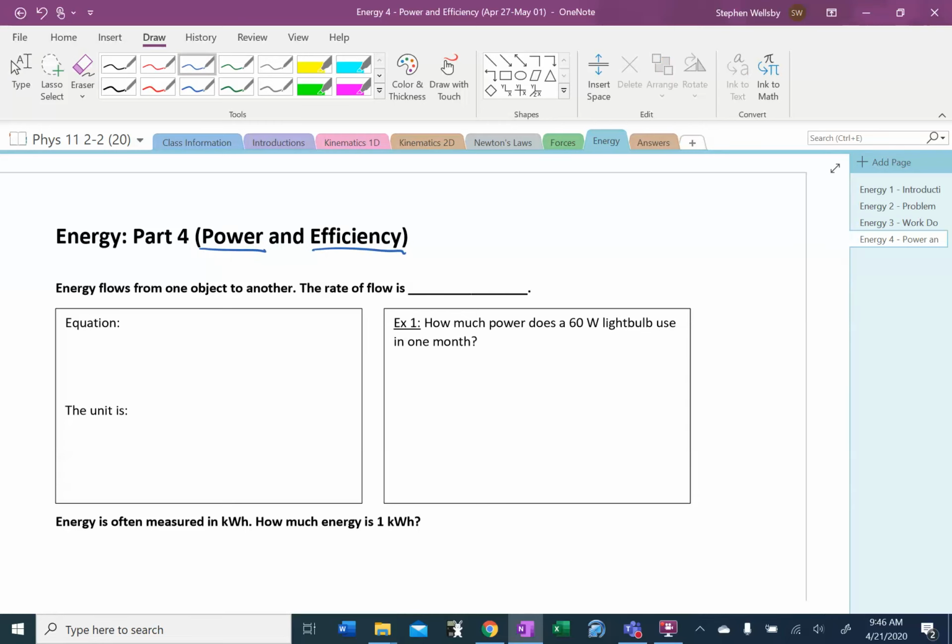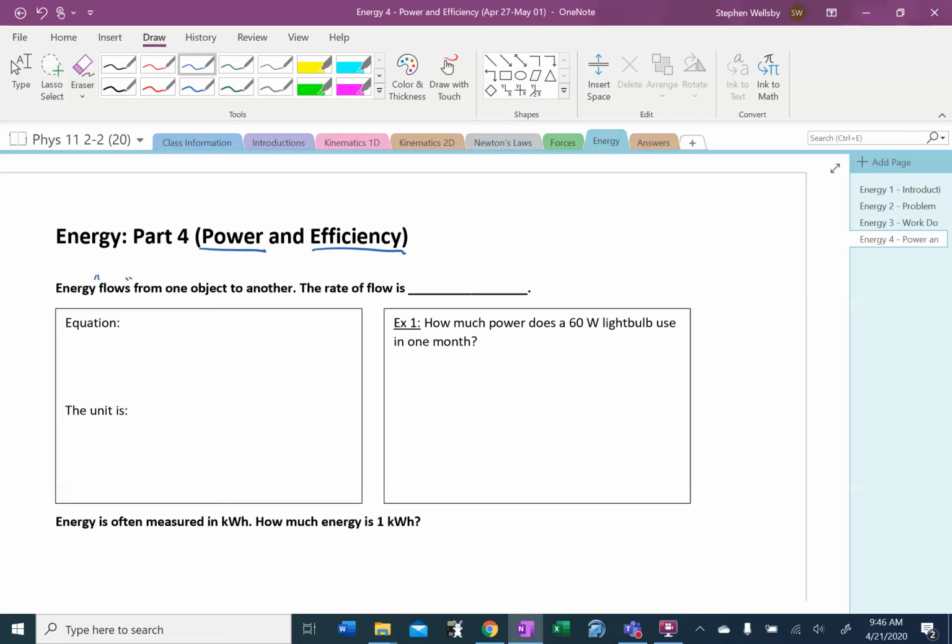So the first thing we're going to talk about is something called power. Now, energy flows from one object to another. So, for example, if I am pushing a ball upwards, the chemical energy that was stored in my muscles, that was a chemical potential energy, is being converted into kinetic energy by getting my muscles to actually move.